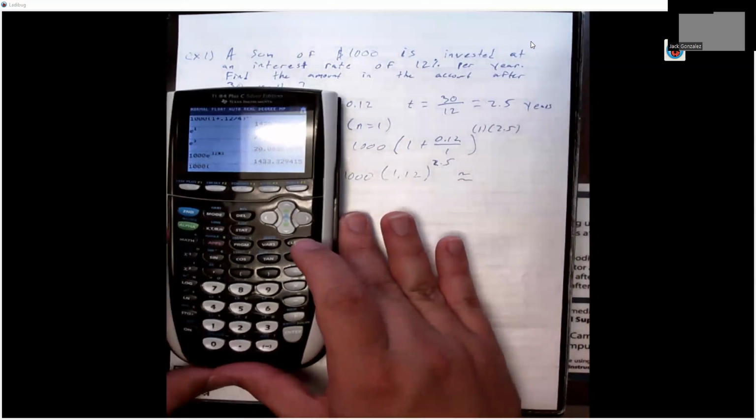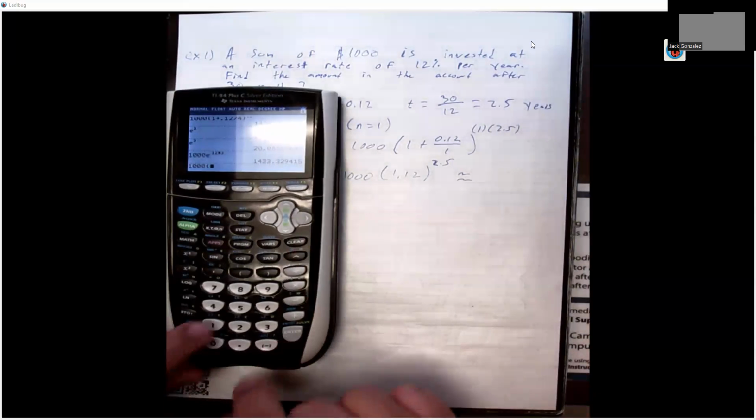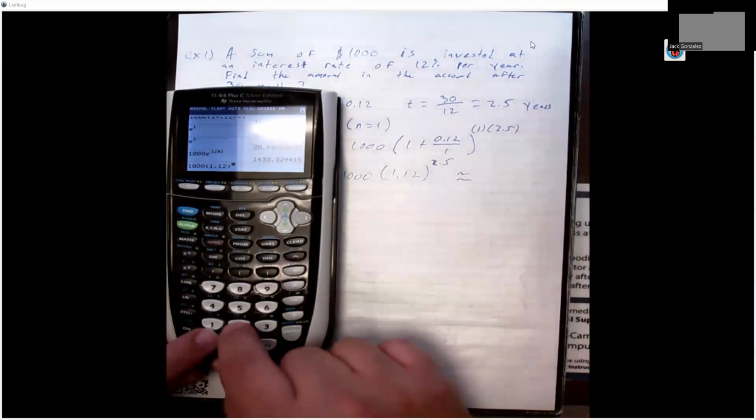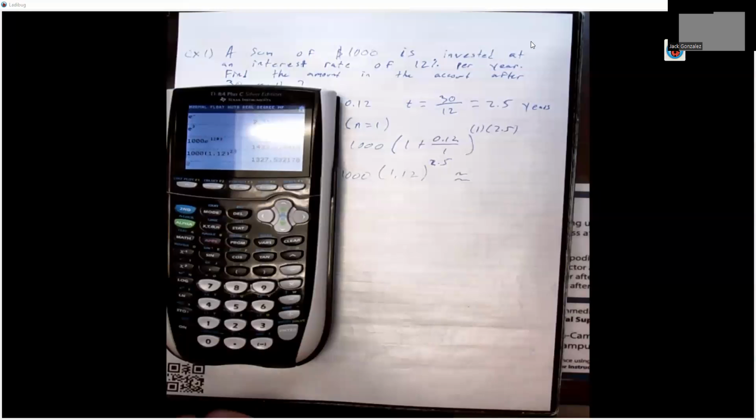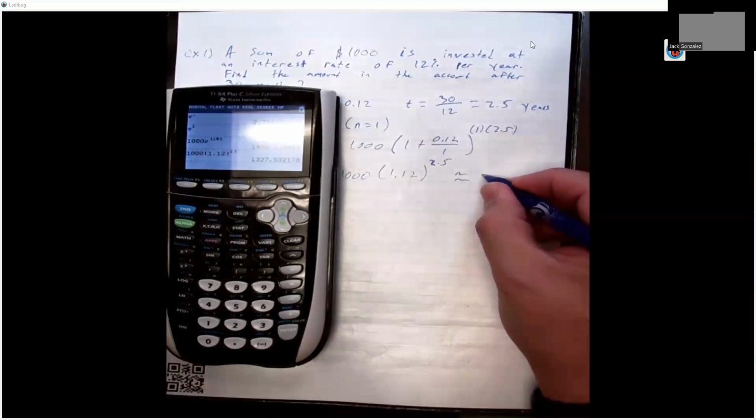Double check everything. 1.12, 2.5, 1,000. Was yours off a little bit? No, I just put the decimal in the wrong place. Oh, up here? Yeah. I got you. All right. Any questions on where the information came from and how we punch it in?